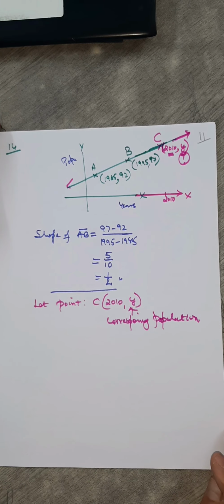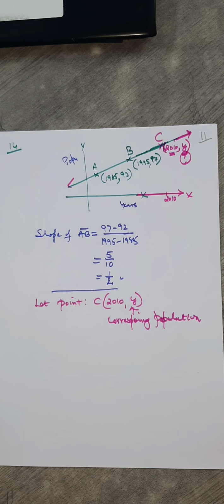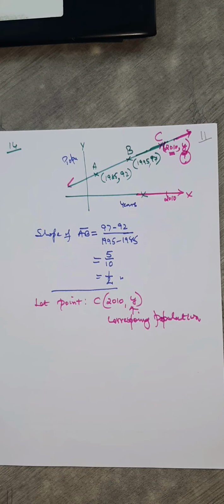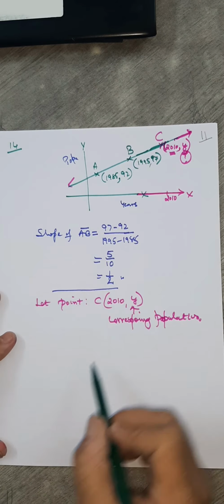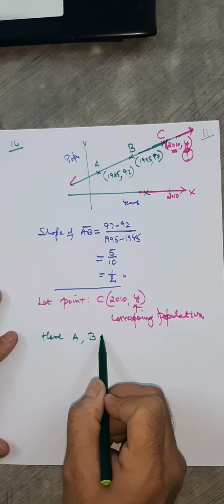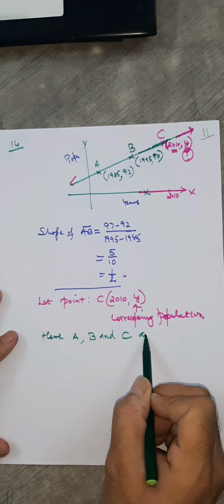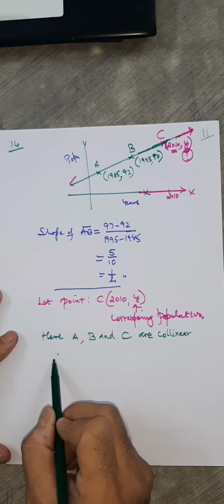Now what have you noticed from the diagram? We have used this concept 3 times. What you notice: these 3 points are collinear. Which 3 points? A, B and C. So here A, B and C are collinear. So by any 2 points slope remains the same.